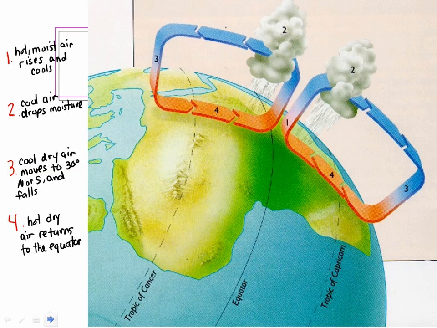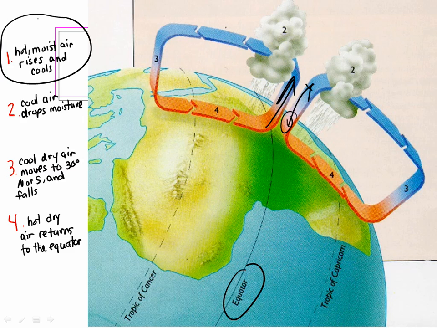In this view of the Earth, we have the equator, and the sunlight is making the air hot, and as a result, number one, the hot air is rising. At this point, the air is moist, but as it rises, it cools. Cold air can't hold as much moisture.